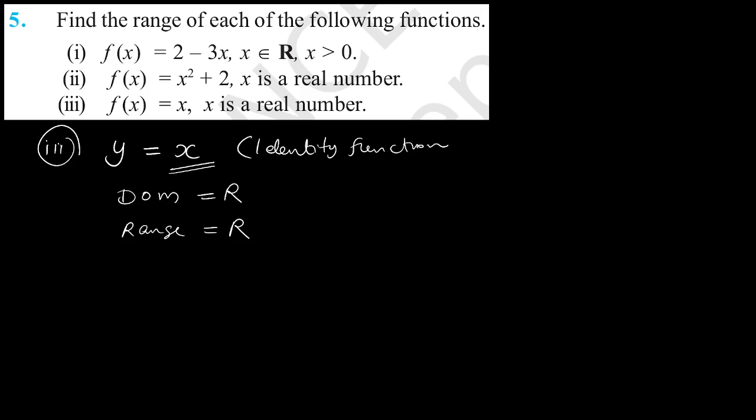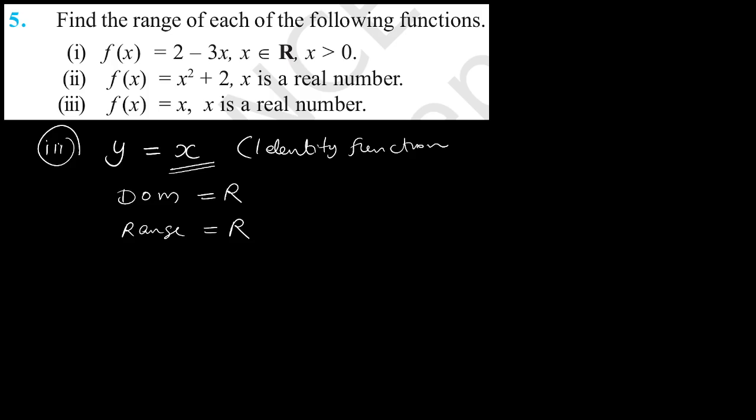So we are substituting real values for x, and we get the same real value for y. So y is also real. So the range is R. Okay? If you are okay, please raise your hand. If you are 100% clear, please raise your hand.